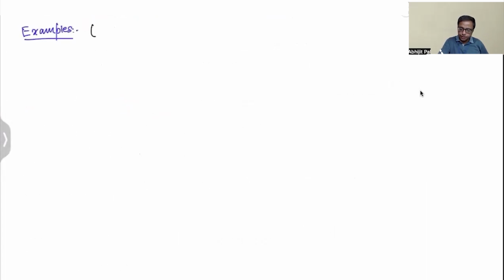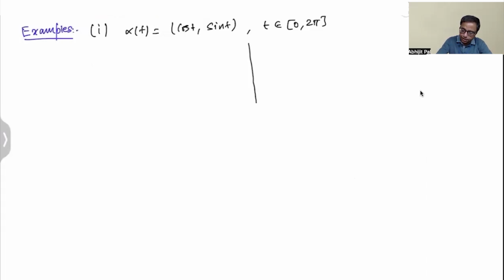Okay, so let us give some example. Let us take alpha(t) to be equal to (cos t, sin t), where t is varying in this interval 0 to 2 pi. So this image of alpha, or trace of alpha, is just the unit circle with center at origin.